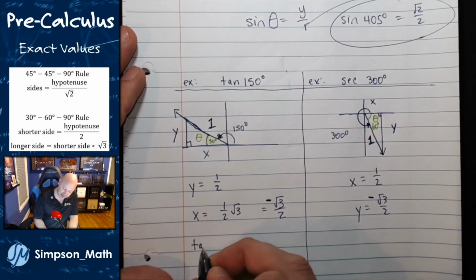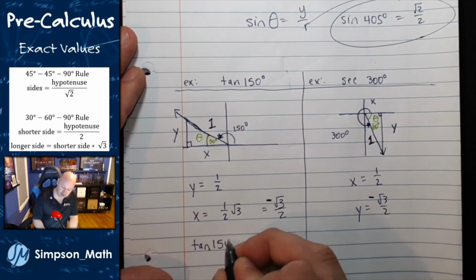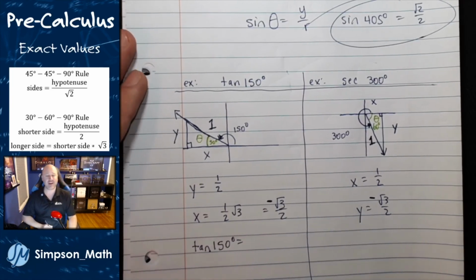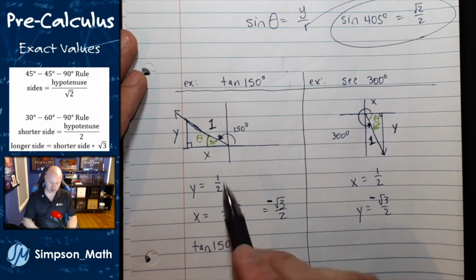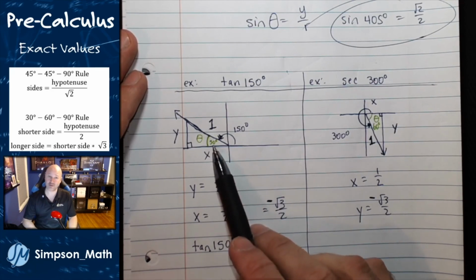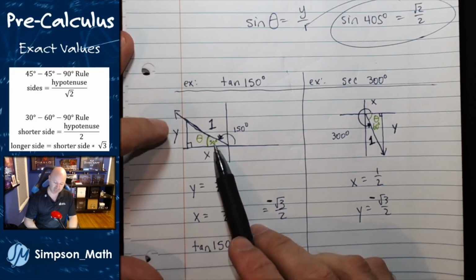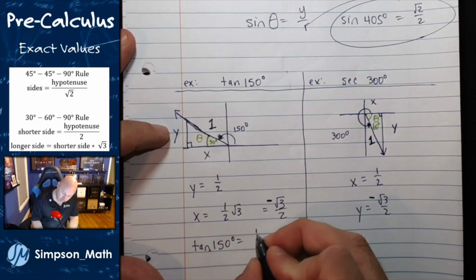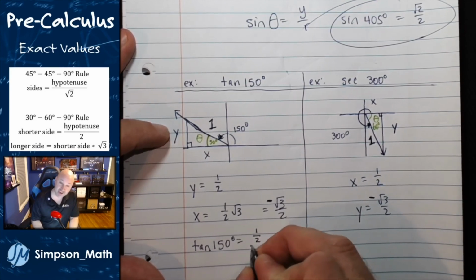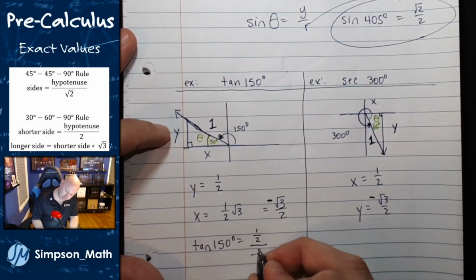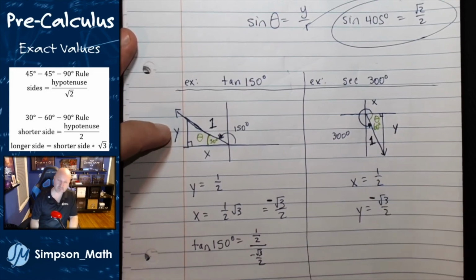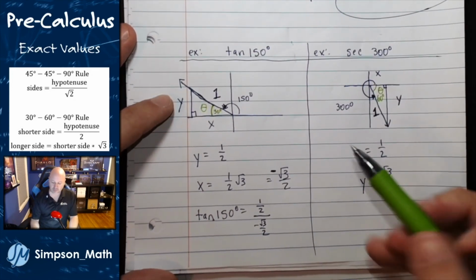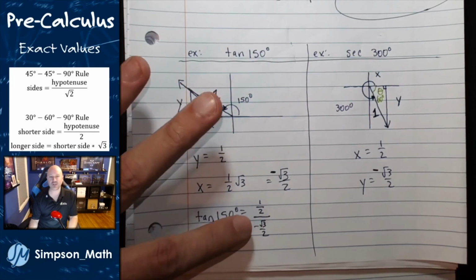I think I'm safe to say now, tangent of 150 degrees is defined as the y value over the x value of this triangle using the reference angle 30 in quadrant 2. And that's going to be 1/2 divided by negative root 3 over 2. Some of you may want to keep, change, flip.